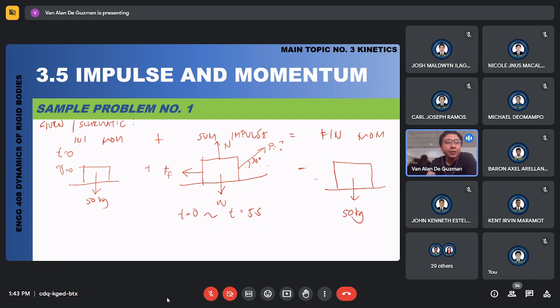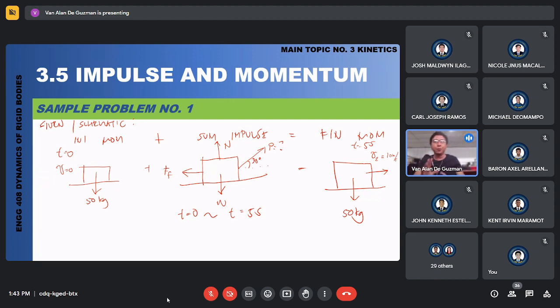But this time, since nagkaroon na tayo ng application ng force P, wala tayong initial momentum, then nagkaroon tayo ng application ng ating force P, so meron na po tayo ditong velocity. At t is equal to 5 seconds, meron po tayo ditong velocity at state point 2 na 10 meters per second.